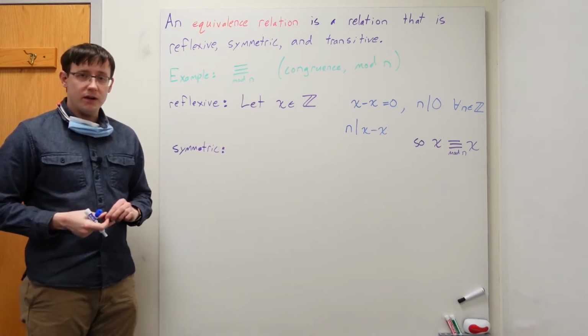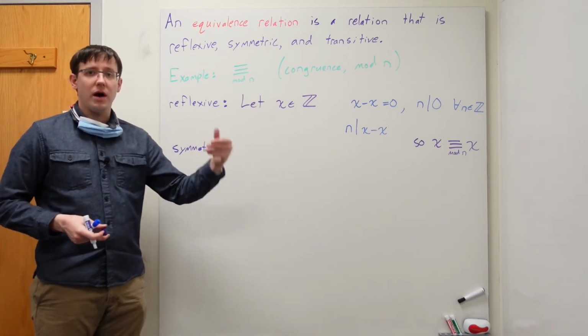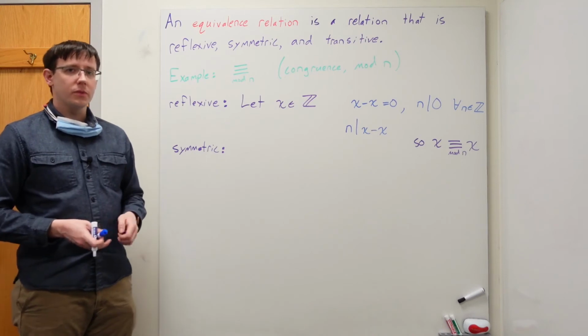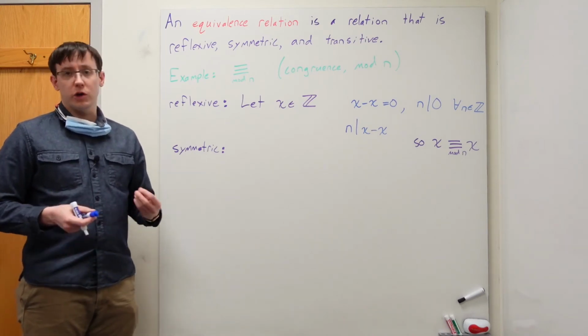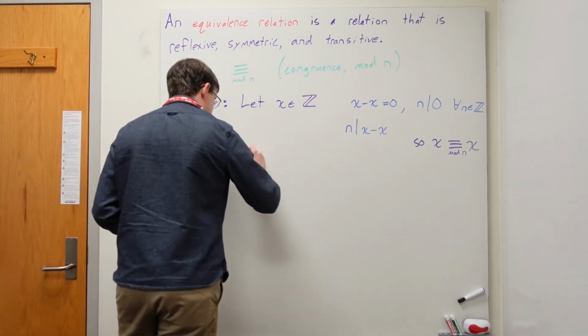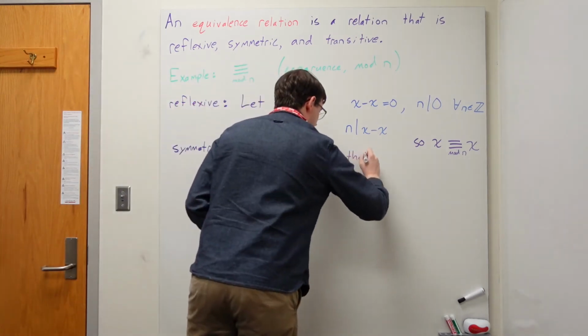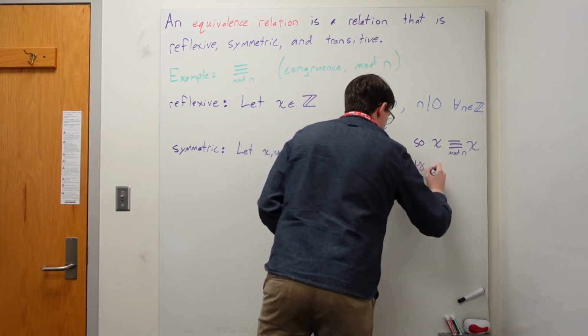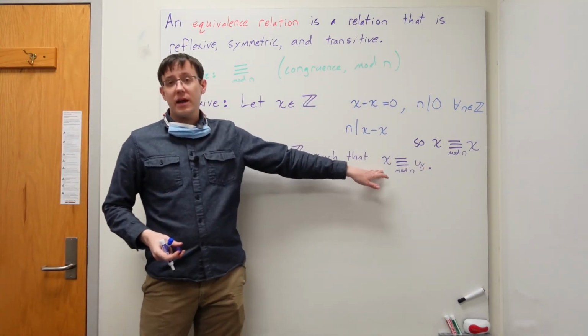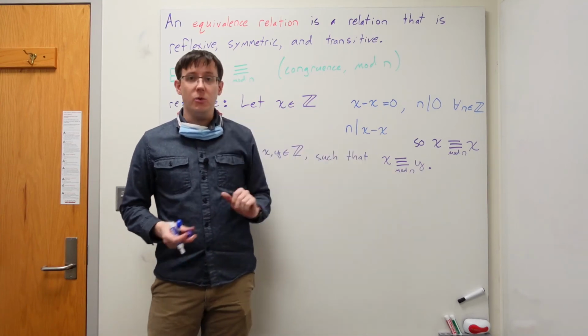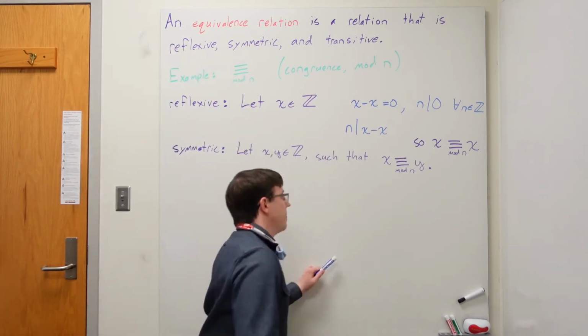For symmetry, we want to show that whenever x relates to y, y relates to x. So we can hypothesize that we have two integers that are congruent mod n. And we want to conclude, based on this, that y is congruent to x mod n.